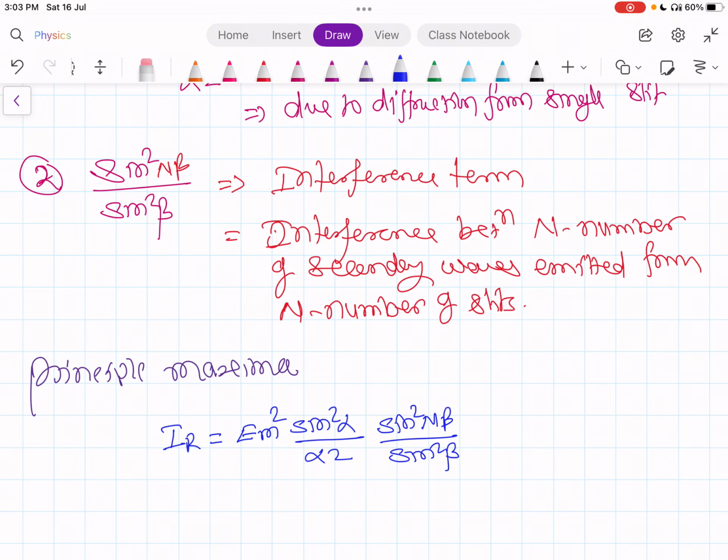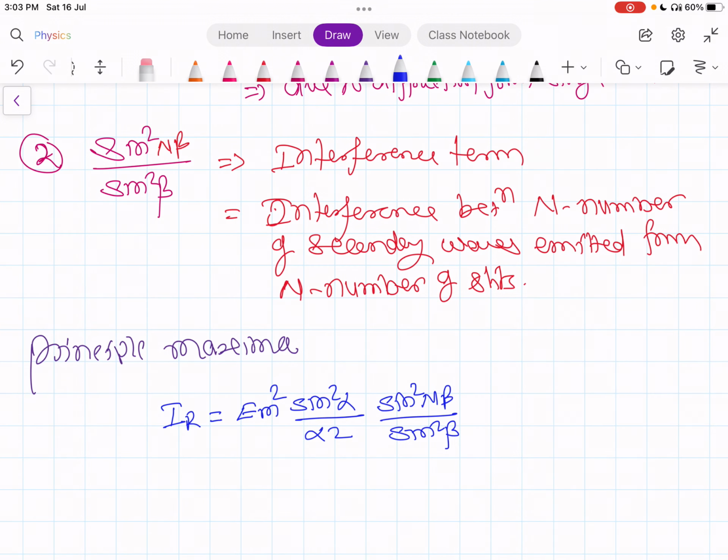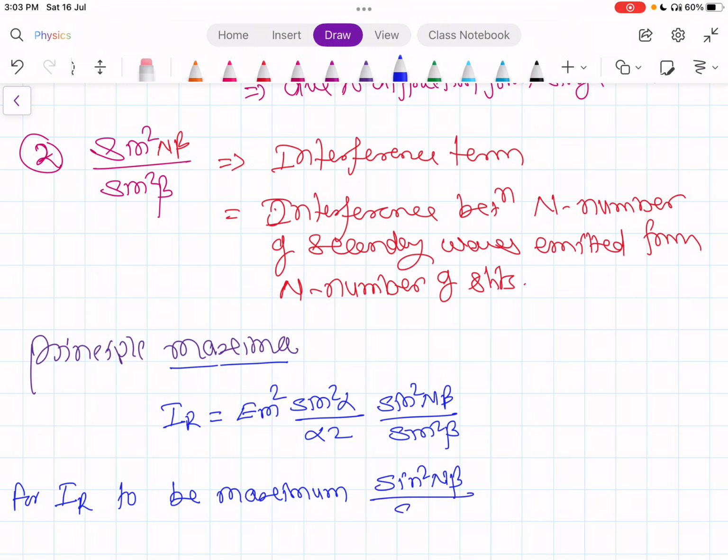This is the resultant intensity, and for principal maxima, this IR should be maximum. And for IR to be maximum, this term sin square n beta upon sin square beta should be maximum.